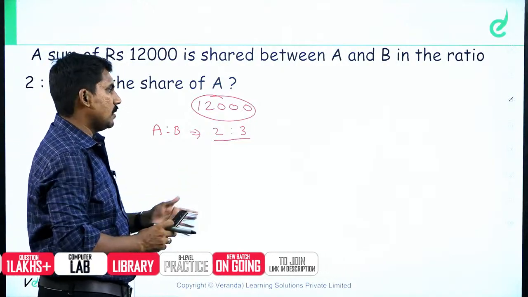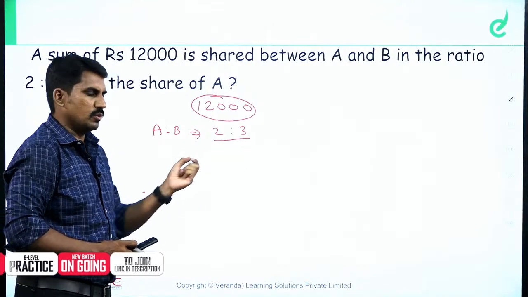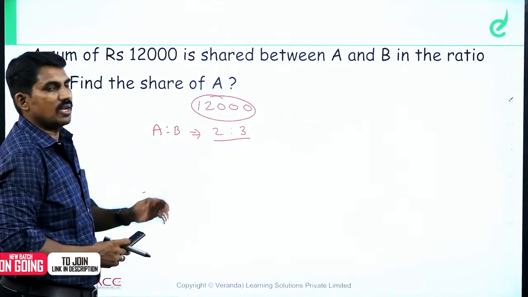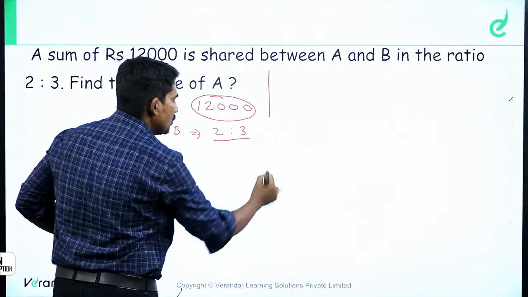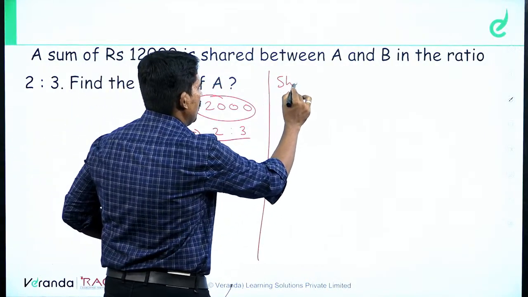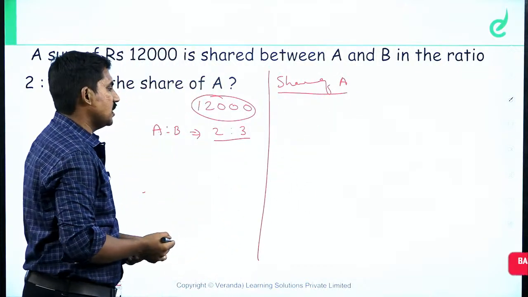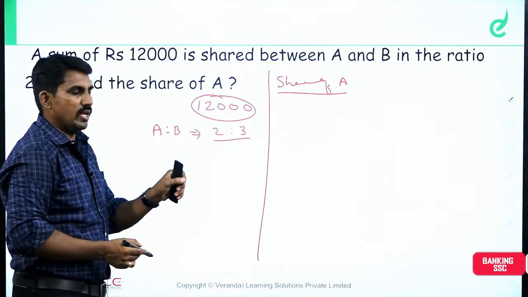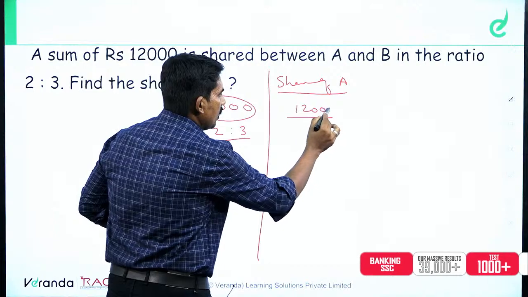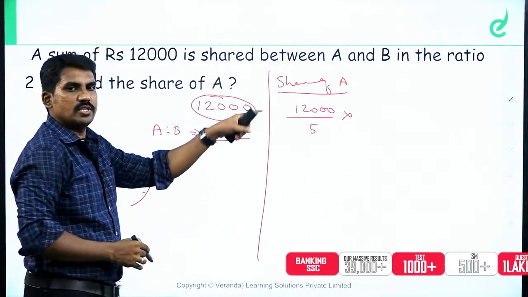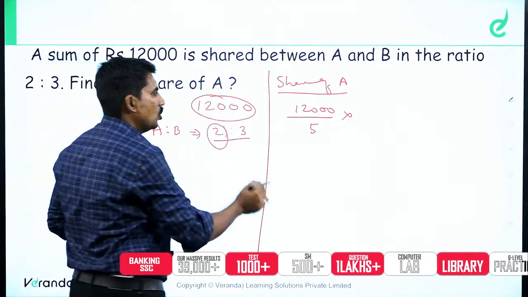Basic, I will write. Clear? So, total value 12,000 is split in the ratio 2:3. Therefore, the total units of the ratio is 2 plus 3, 5 units. Now, we want to find out the share of A. What is the basic method? Total 5 units is 12,000. Clear? Now, A has how many units? 2 units.